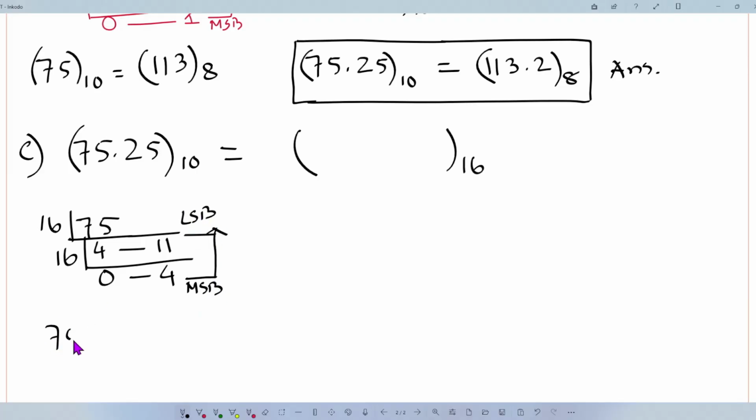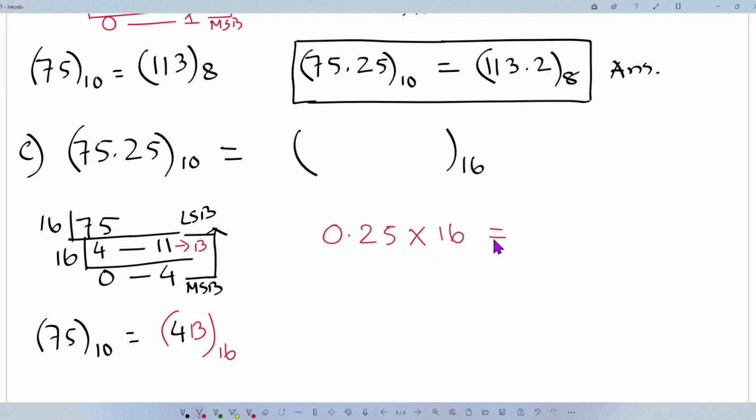So we can write 75, which is a decimal number, equals to 4 what? Now look, this 11 is called what? B, because A is 10, 11 is B, right? So we can write 4B, which is hexa. And now we will convert 0.25 times 16. What will we get? Here is 4.